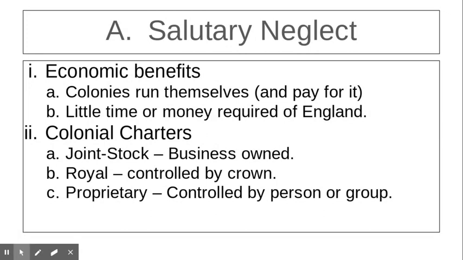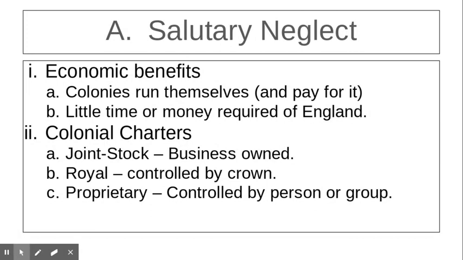There would be a proprietary charter, which means it's controlled by a person or a group of people, a family maybe, like William Penn, for instance. And so they could agree to set up this new colony.